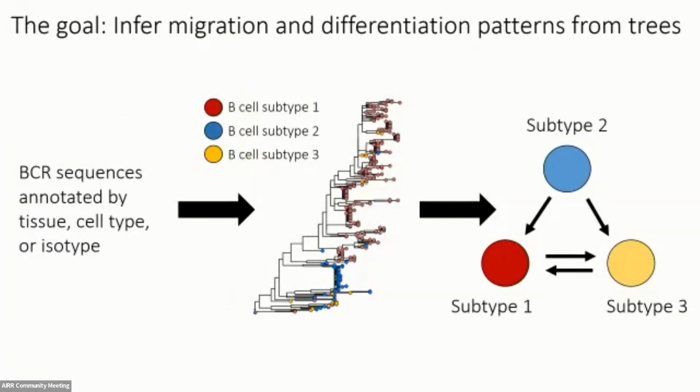And just to give you an idea of our goal, or perhaps I should say our dream, is to start with BCR sequences that are annotated by tissue or cell type or isotype, build our phylogenetic trees with the tips labeled by those different trait values, and then use the structure of those trees to infer patterns of migration and differentiation between these different cell types.